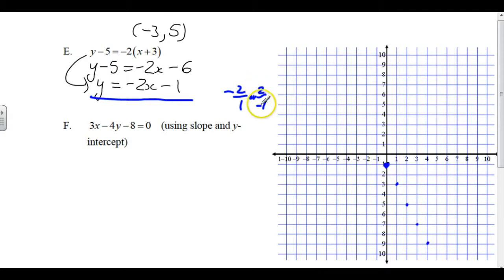Or this says go up 2, left 1, up 2, left 1. And just keep going and going. And then we can draw this line. And does it go through the point negative 3, 5? Negative 3, 5, yes it does.